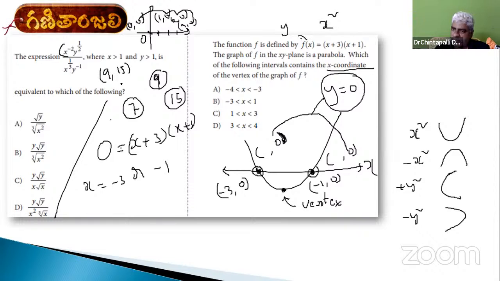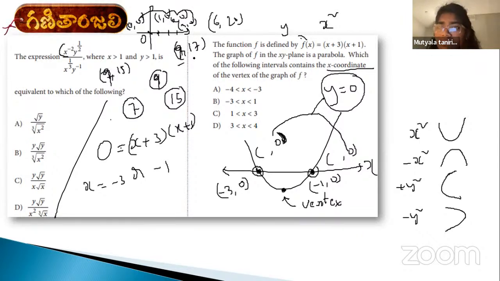It is our answer, but sometimes this may not be in the options. Options may be 7 comma 17, or 6 comma 20, or 10 comma 15.